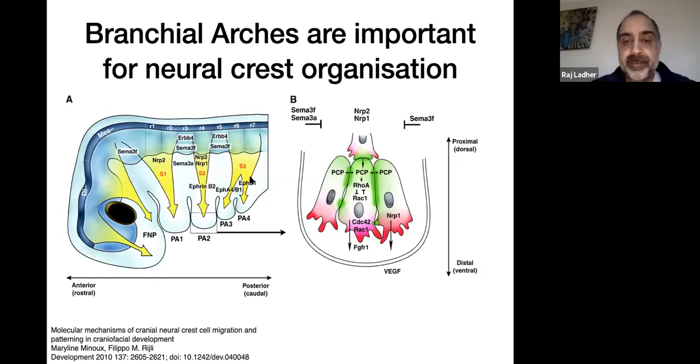As neural crest migrates, it migrates with a direction, and this direction seems to also involve the planar cell polarity components, Rho, Rac, for example, which we've spoken about before in the context of gastrulation. Okay.